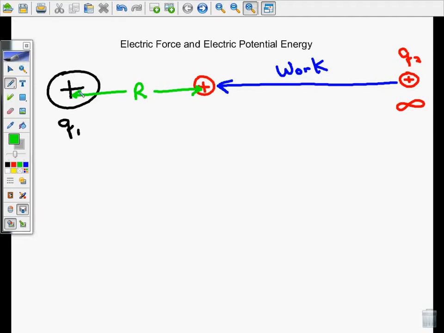And we were looking for an expression for the potential energy at point P. That's what we did yesterday and the day before, for that matter.